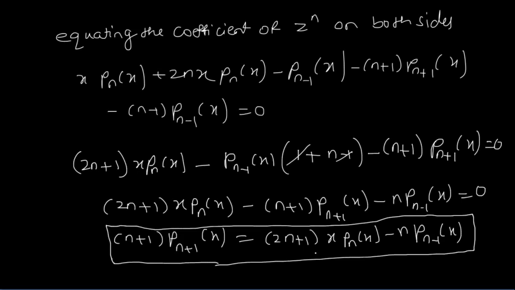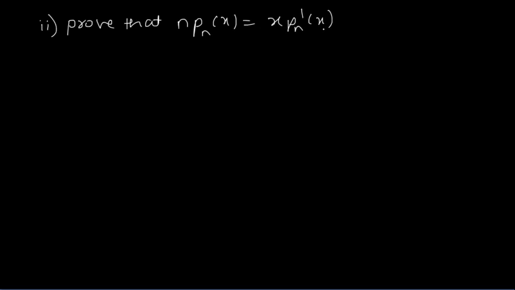So similarly we prove the second one. Second one we have, prove that n into Pn of x is equal to x into Pn dash of x minus Pn minus 1 dash of x.